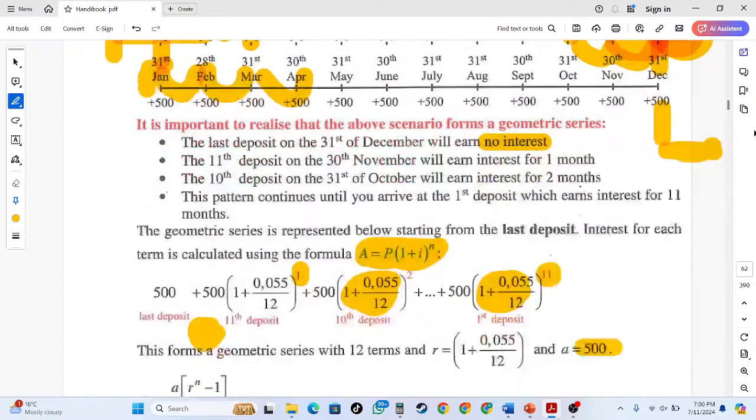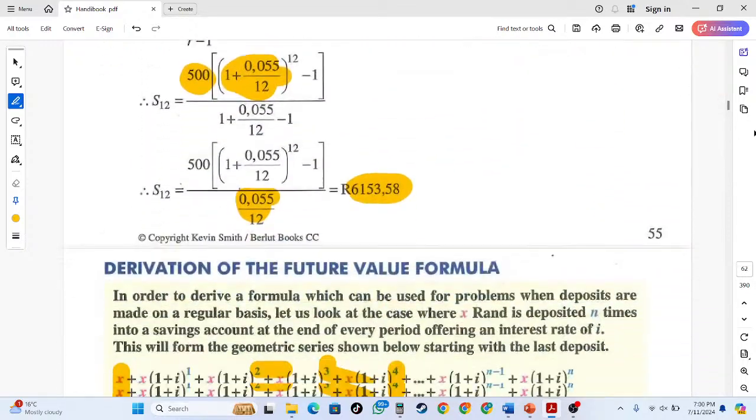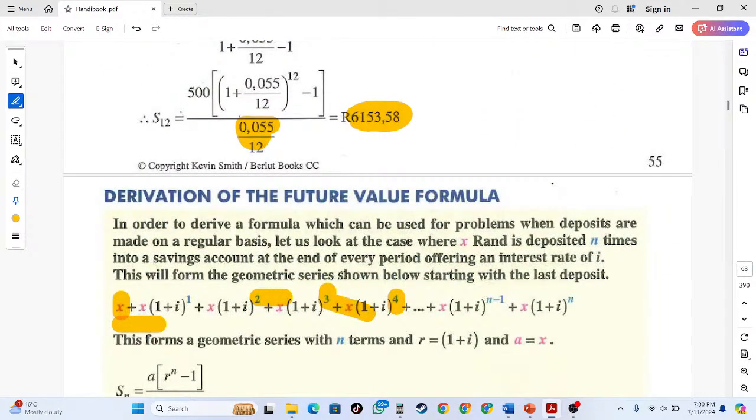So let's go back to the formula where we derive it. So if this is the situation, let's clean it up. Yes. Now, let's start again.